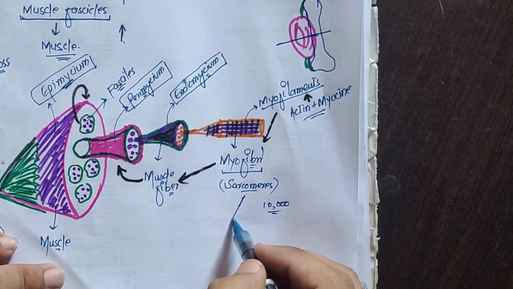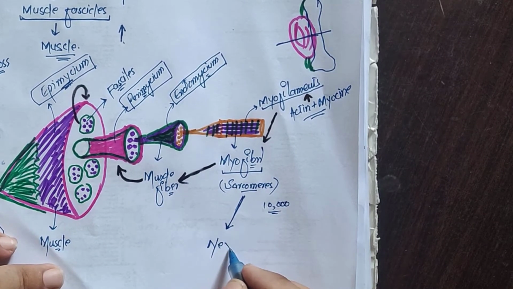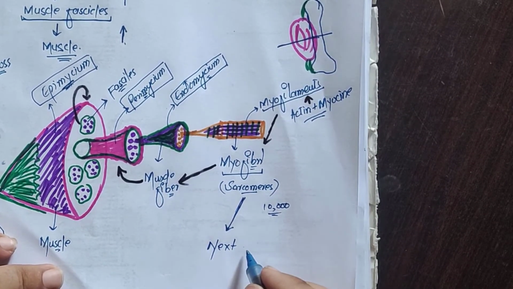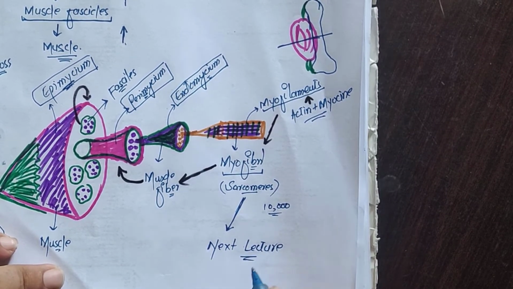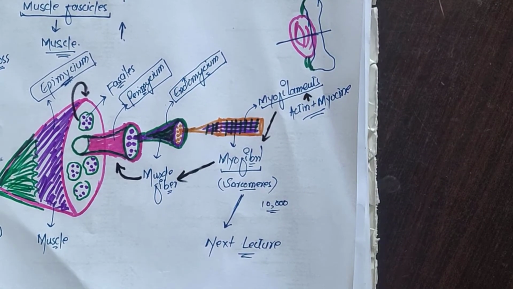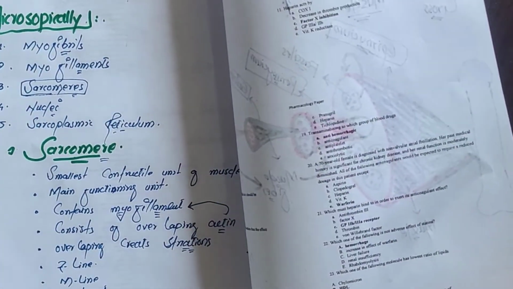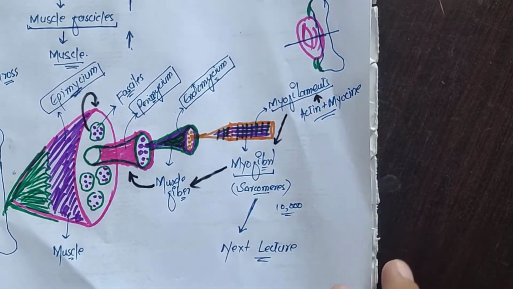So our next lecture will be about the sarcomere itself. We will see its clear structure, that it contains those bands which I had told you in the previous lecture, the sarcomere structure, the striations and everything I will discuss.